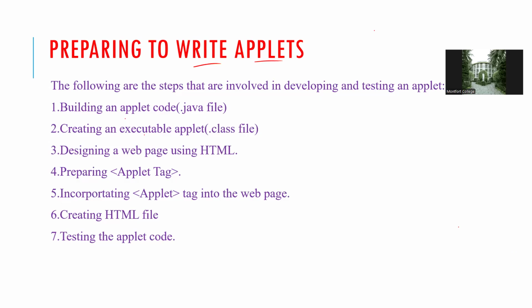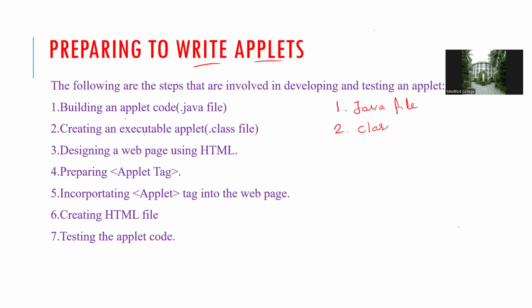Now, building applet code, first it requires what? A Java file, right? So what we will do in lab, to run the applet code, these are the things we will follow. First, we need Java code, that is nothing but the Java file. Then we need a class file.